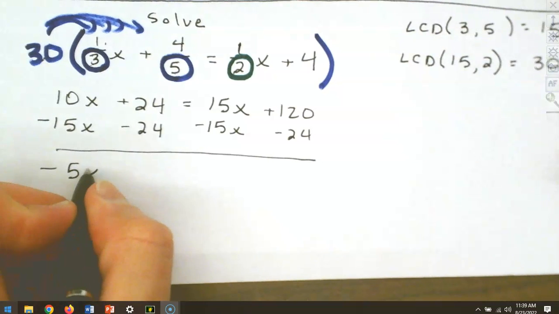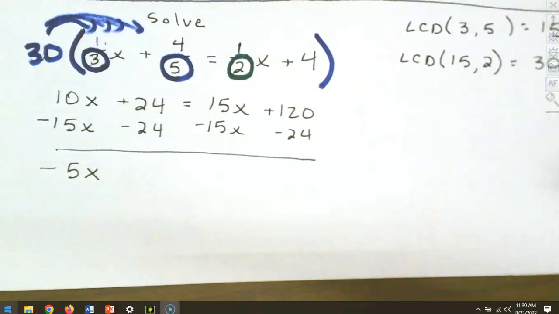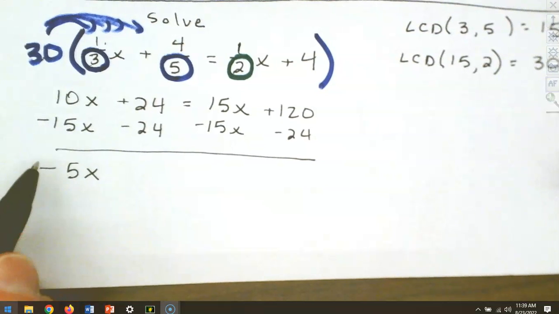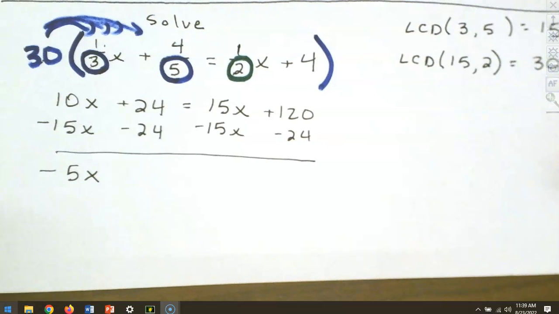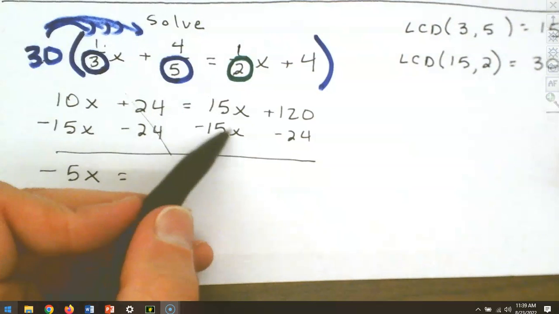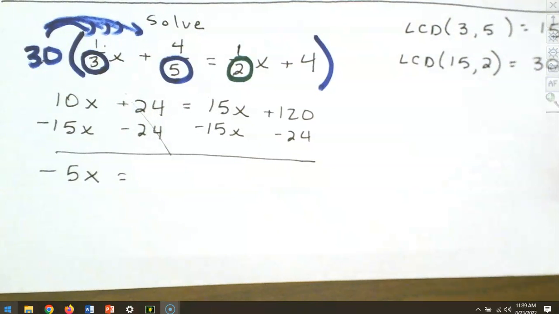So that would be a 5x there, right? So 15 is negative, and it's a larger number, so my answer is negative. Different signs, I just subtract them. The 24's cancel. The 15x's cancel. And then I've got 120 minus 24. And so 120 minus 24, that should be a 96, I believe. You can always check things with a calculator.